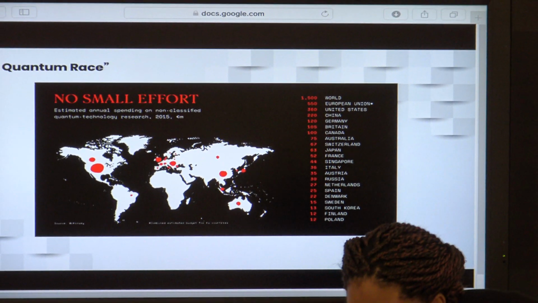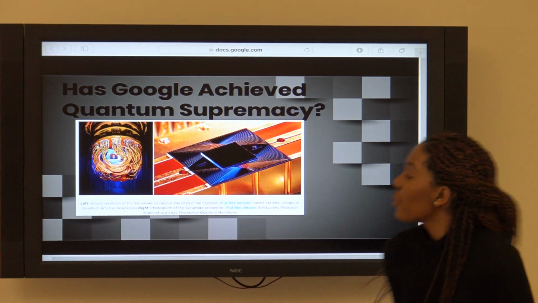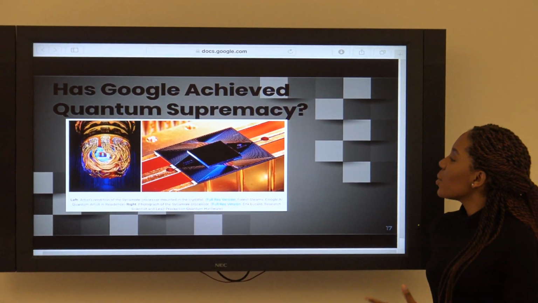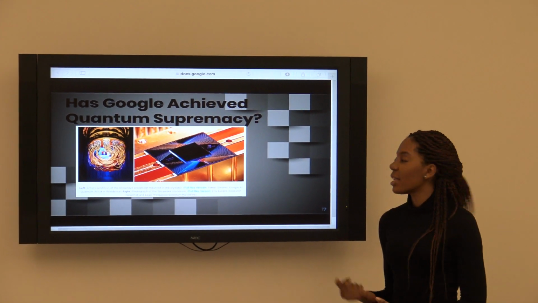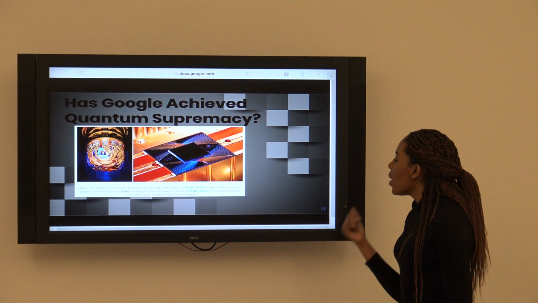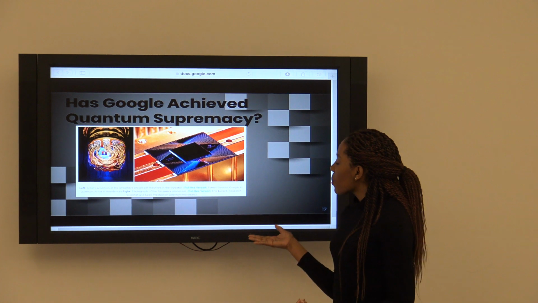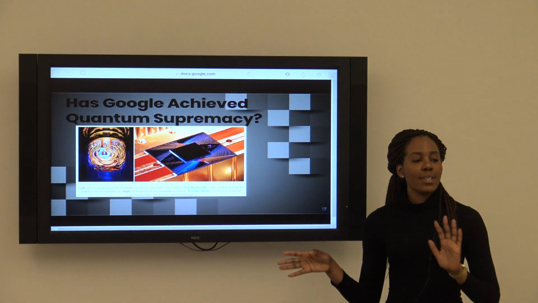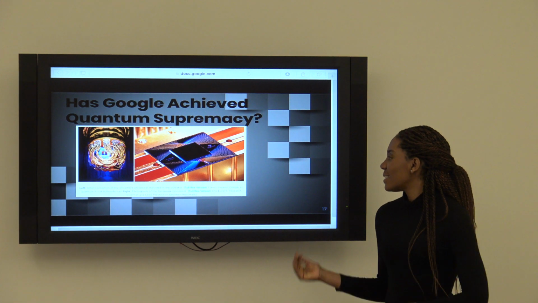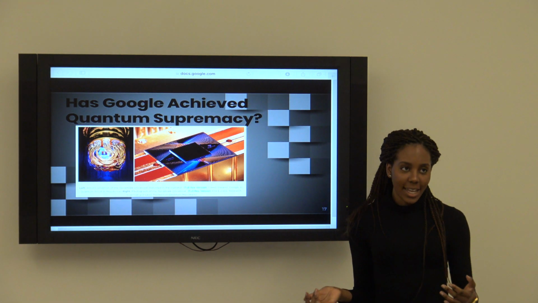Because a couple of weeks ago, Google came out with their paper claiming that they achieved quantum supremacy with their Sycamore processor. There was a lot of noise about this because IBM stated that they were cheating.